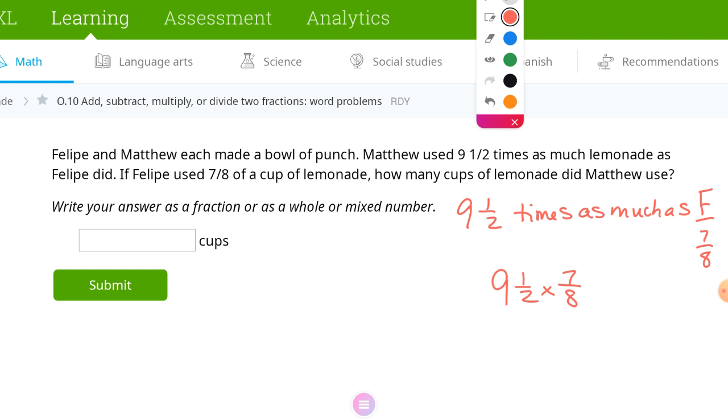Why is that a common wrong answer? Chase, what did I do to get that? Because I multiplied the 2 fractions and then just added them. Yeah, multiplied the 2 fractions and just left the whole number. Doesn't work. Doesn't work. Try it again.